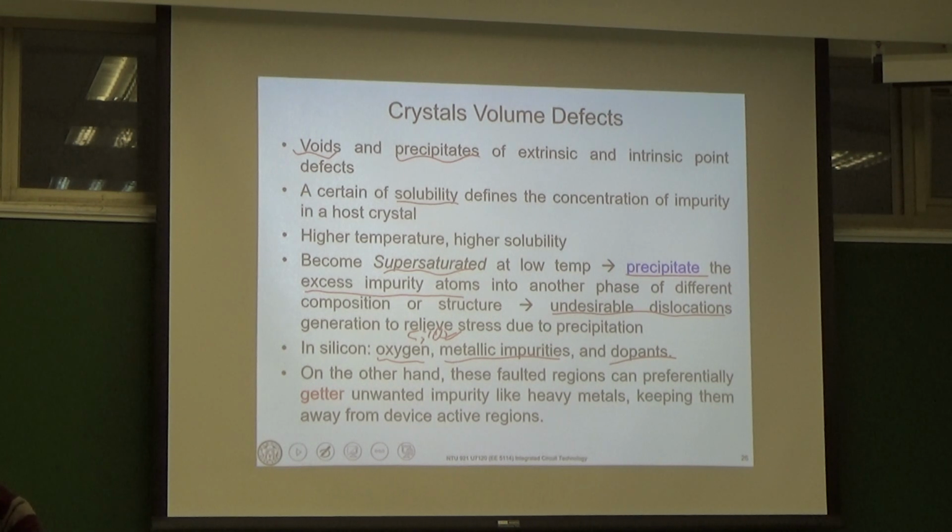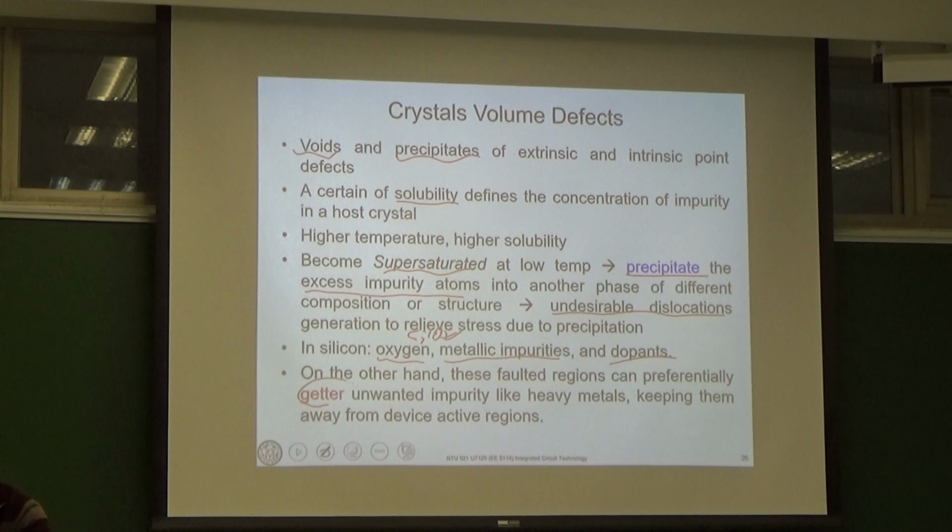But on the other hand, we can use these volume defects to help us get more unwanted impurities. We will talk about this in our next chapters. It's also part of the cleaning process.